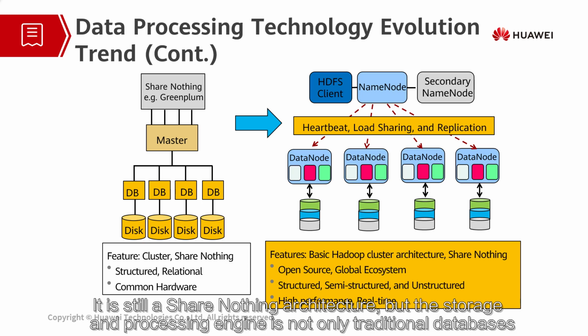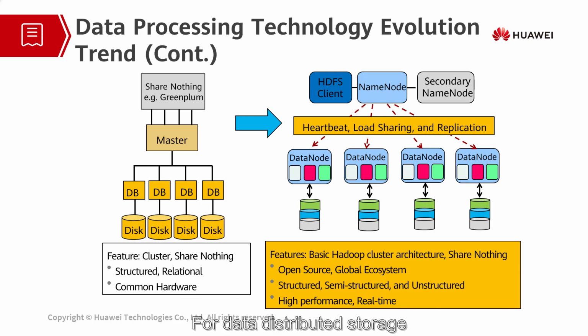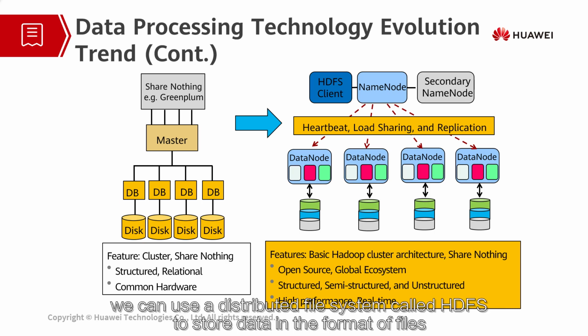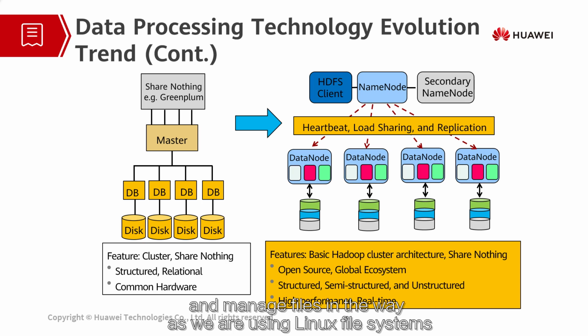It is still a share-nothing architecture, but the storage and processing engine is not only traditional databases. For distributed data storage, we can use a distributed file system called HDFS to store data in the format of files and manage files the way we use Linux file systems.